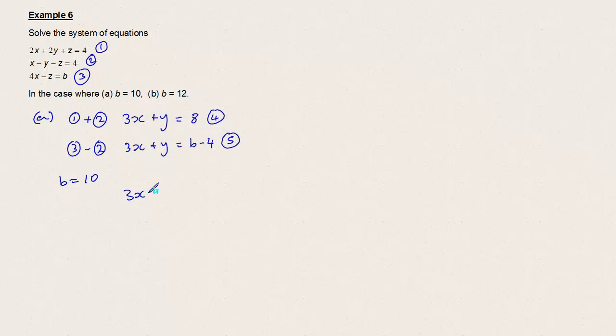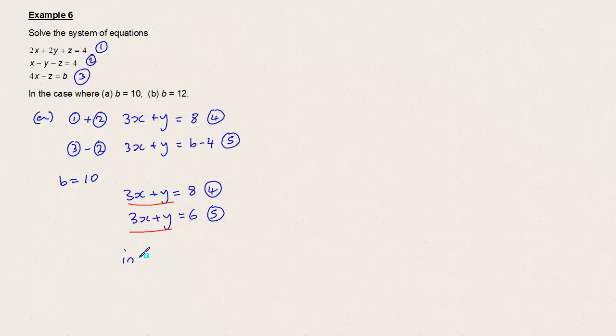So let's look at the situation where b is equal to 10. That means that equation 4 is 3x plus y is equal to 8, and equation 5 is 3x plus y is equal to 6. Note how the left-hand sides are the same, but the right-hand sides are different.